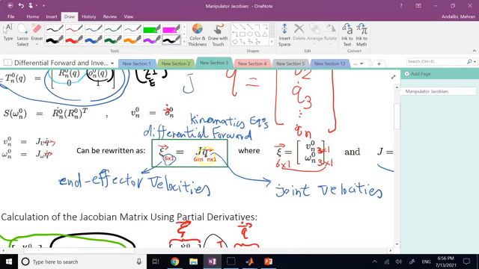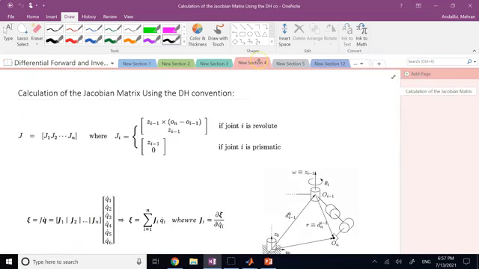Some of the robots we have seen, like the Stanford arm or the 6 DOF articulated robot, they have exactly 6 joints. And there are some robots that are redundant. They have more than 6 joints. So in those cases, your J matrix is in general a rectangular matrix, 6 by n, because your q dot, your joint vector, is n. N here is the number of joints. So your J in general is 6 by n, where n is the number of joints. Okay, so that is your J matrix. Just keep in mind, it's not always a square matrix, unless your robot has 6 joints, of course.